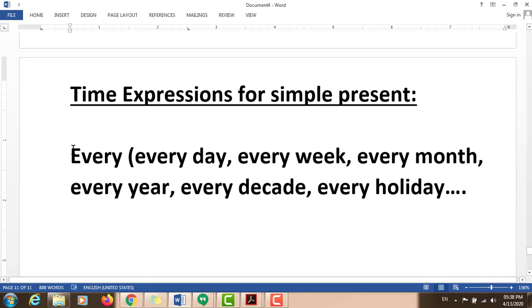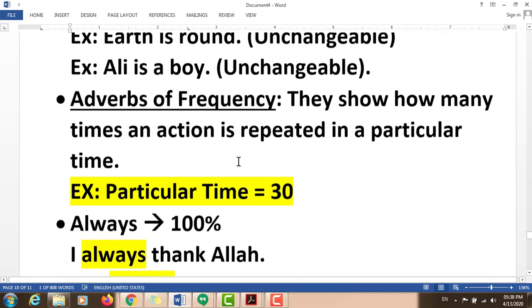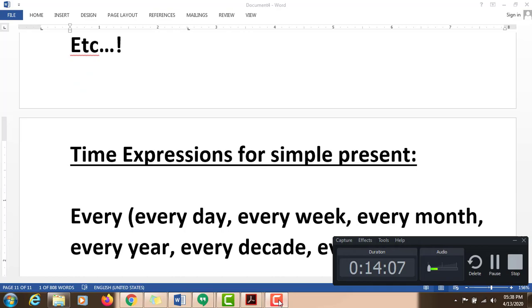So this every helps us to show that this is simple present. And why do we use simple present? There you go, I told you very clearly and easily you can use that.